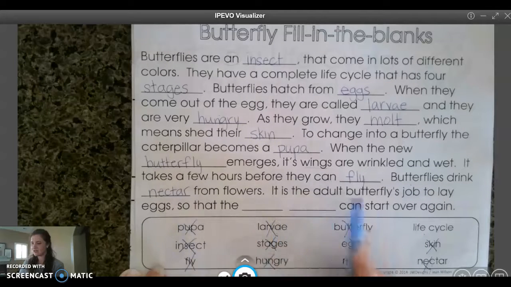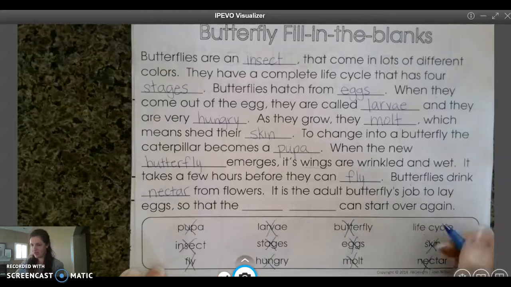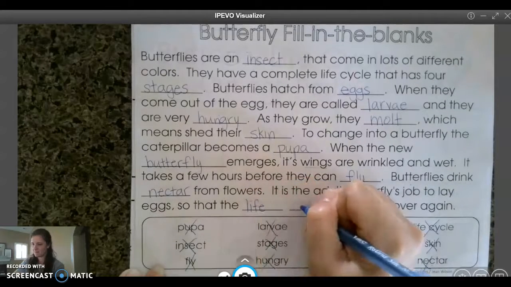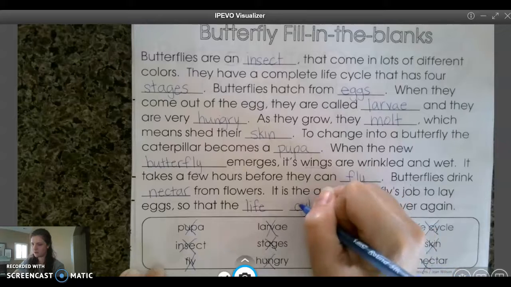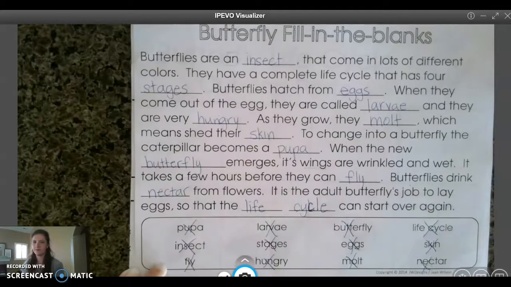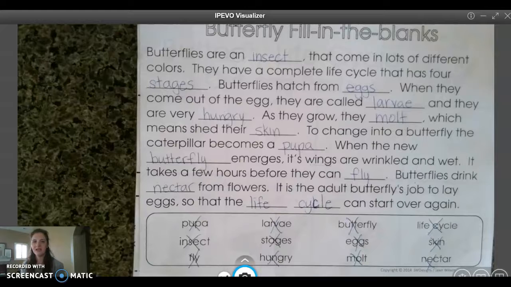It is the adult butterfly's job to lay eggs so that the blank blank can start over again. And what do we have left? The life cycle. Okay, so there we go.